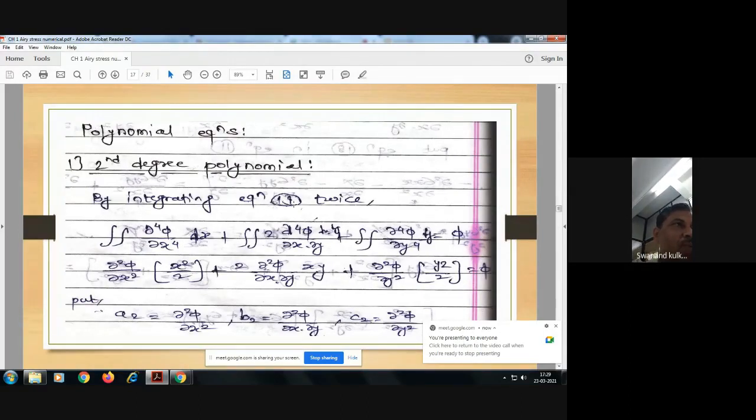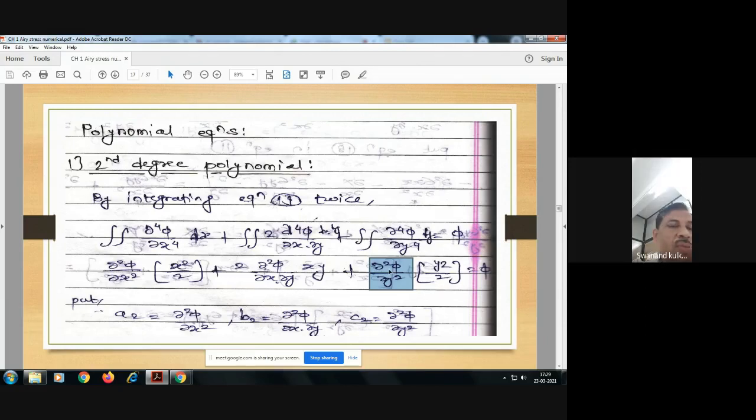By taking two integrations, in the first integration this will become ∂³φ/∂y³, and in the second integration this will become ∂²φ/∂y². Is it okay? So here we can understand this by reducing its degree two times, this becomes ∂²φ/∂y². Is it okay?